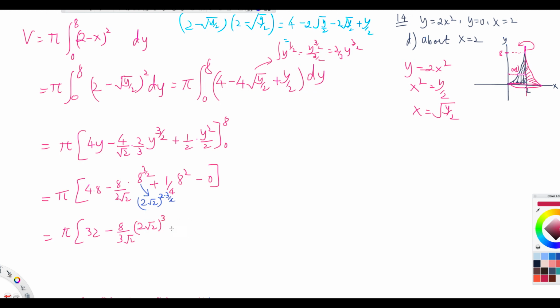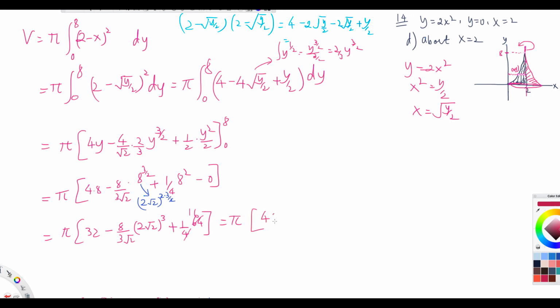Okay, and then plus 1 over 4 times 64. You see that? So how much do you get? That is same as pi. How much is that? 16, right? So 32 plus 16 is how much? 48.